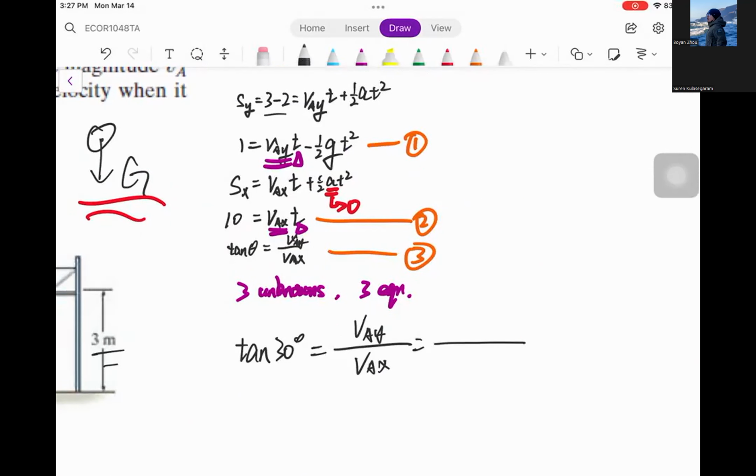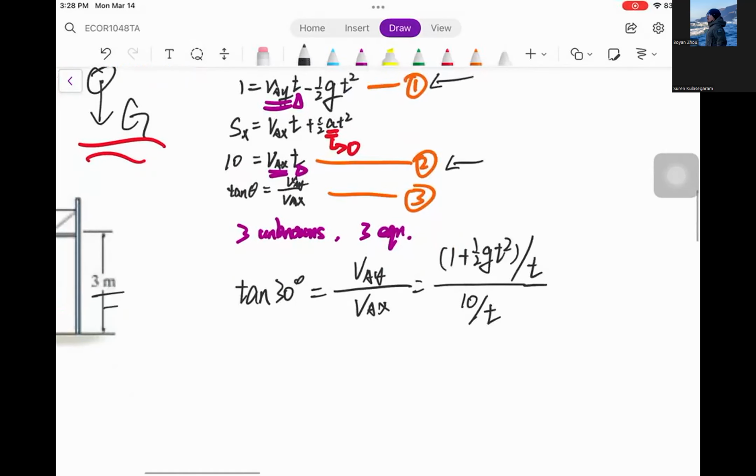For VAX from equation 2, we can see VAX is equal to 10 over T. And VAY from equation 1, we can isolate that. So that is equal to 1 plus half GT squared, over T. So the T can cancel out, and tangent 30 degree, you can use a calculator to find out the value. I don't quite remember, just use a calculator.